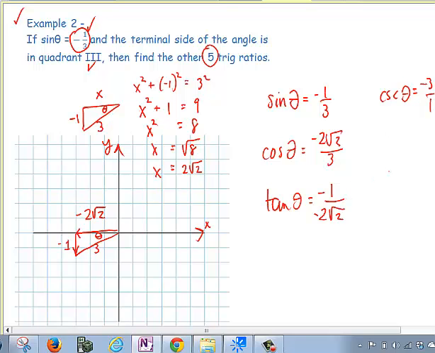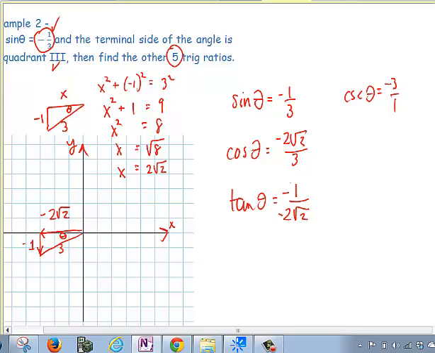Before you rationalize that denominator, you want to just do your reciprocal relationships. So secant of theta is equal to -3 over 2 root 2, which should be rationalized, and cotangent of theta, which is the negative and the negative make a positive, so you have 2 root 2 over 1.